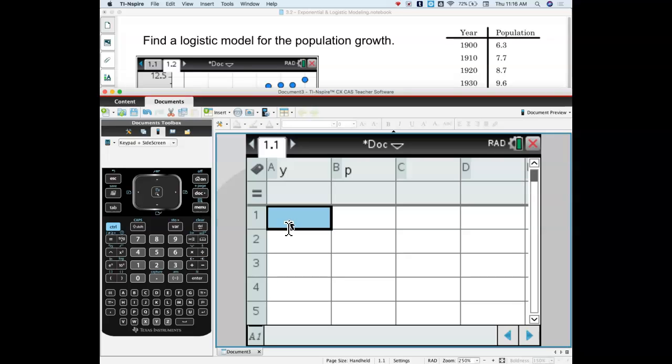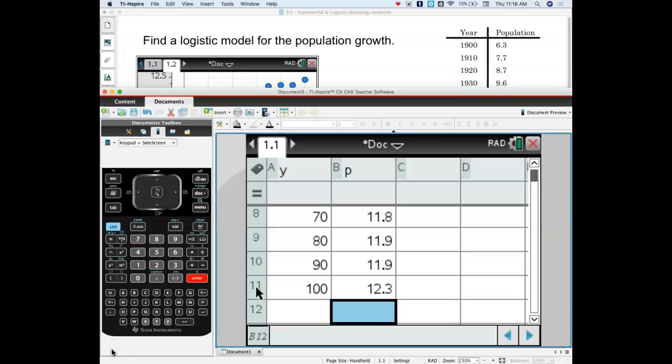What do you want to go with there? 0. I like to go with 0 there, yep. Then this would be 10, and so on and so forth.